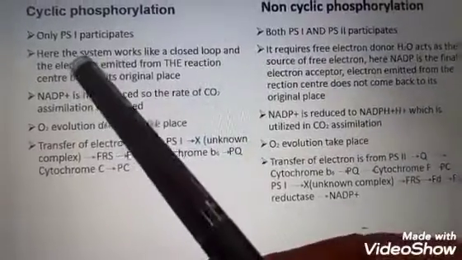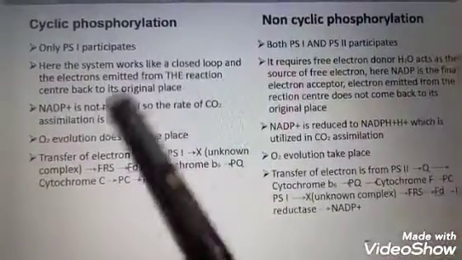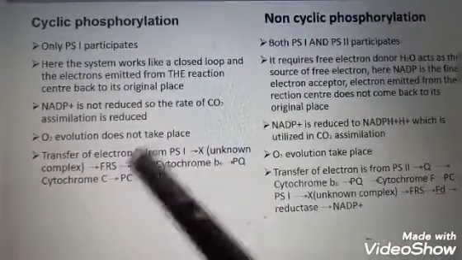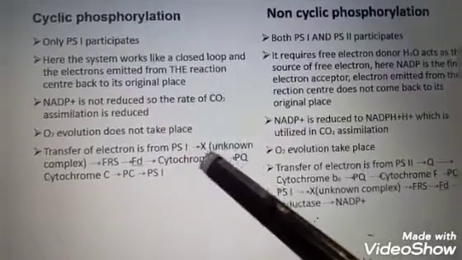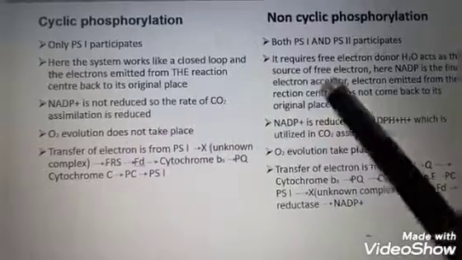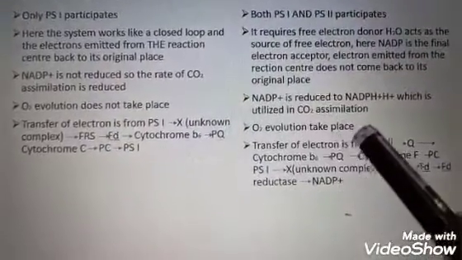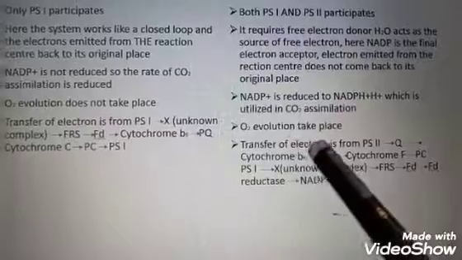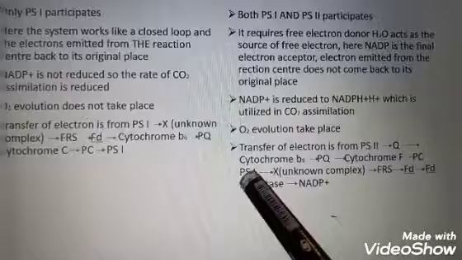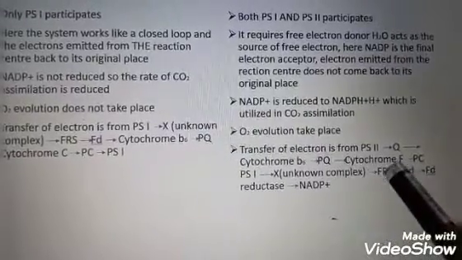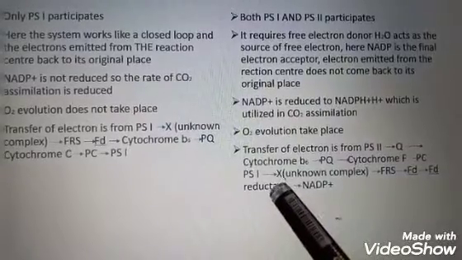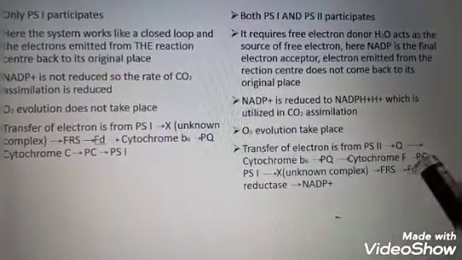The last difference is that in cyclic phosphorylation the transfer of electrons is from PS1 to X to FRS to FD, cytochrome B6, plastoquinone, cytochrome F, plastocyanin, and then lastly back to PS1, whereas in non-cyclic phosphorylation the transfer of electrons is from PS2 to quinone, cytochrome B6, plastoquinone, cytochrome F, plastocyanin, and PS1, then from PS1 to X, the unknown complex, then FRS, then the reductase, and from the reductase to NADP, and lastly NADPH2 is formed.